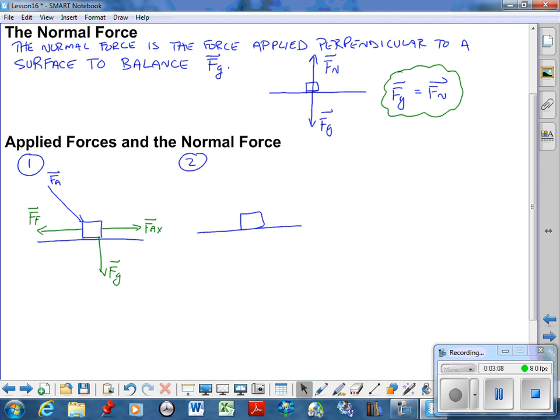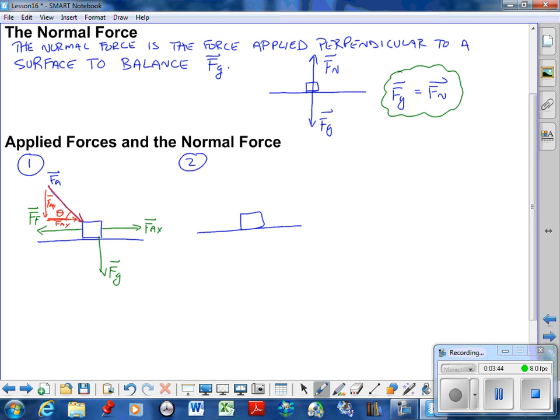Because that vector is on an angle theta, not all of the force is going into Fax, the direction that you want it to go. There are two components acting here: your horizontal component and your vertical component. Fax, the force in the x direction, is your horizontal component. That vertical component, Fay, though, is pushing down.